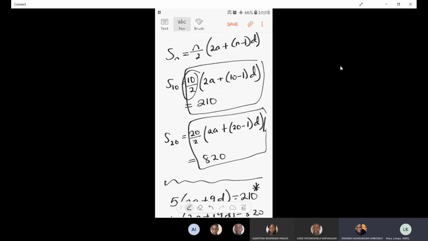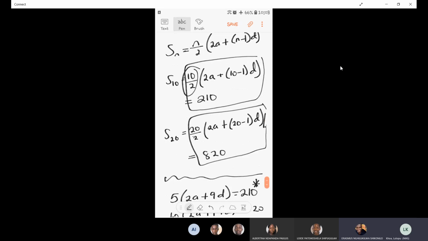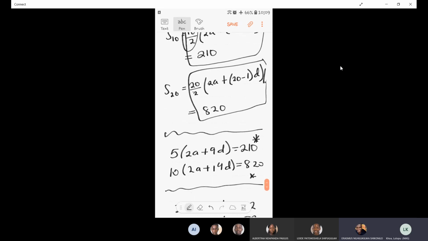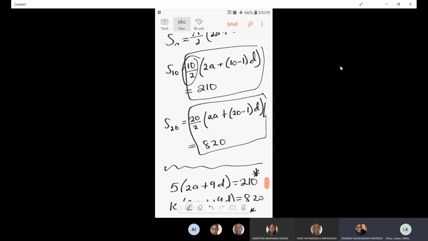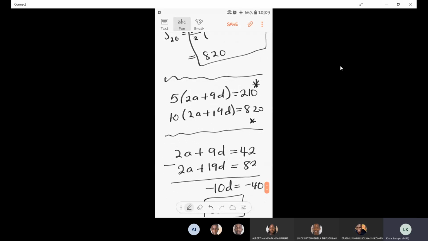Yeah, it's fine. Did we use those ones in the brackets? No, I divided by them on both sides. Because you see here, I had 210. Now I have 42. So I've divided both sides by them. Oh, now I understand this. Okay. Thank you.